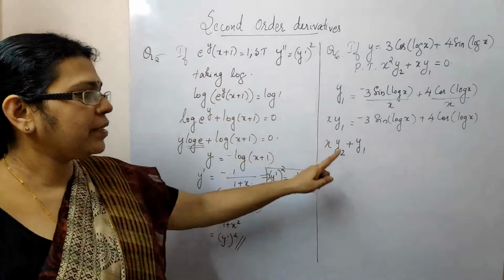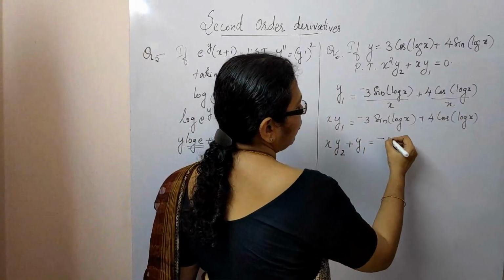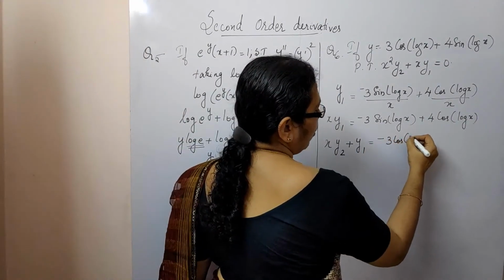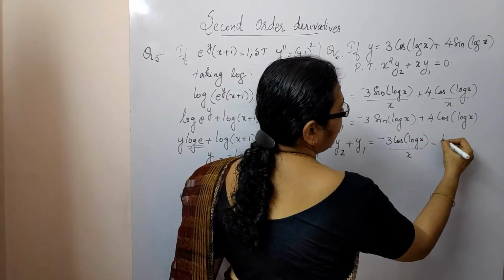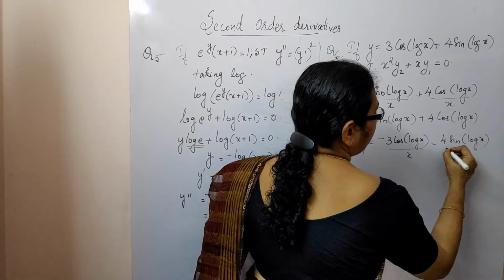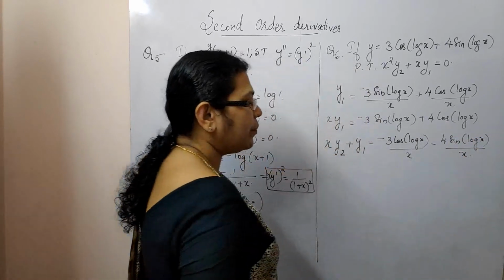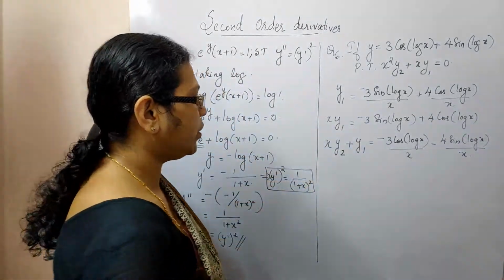Right? A derivative of x is 1, is equal to minus of 3 cos log x by x minus 4 sine log x by x. Okay. Now again denominator is common x, which is brought this side.